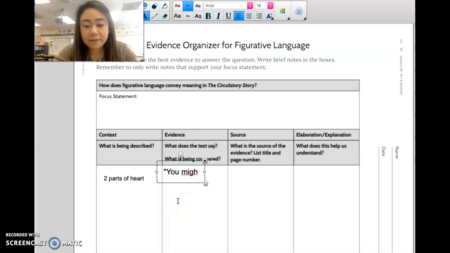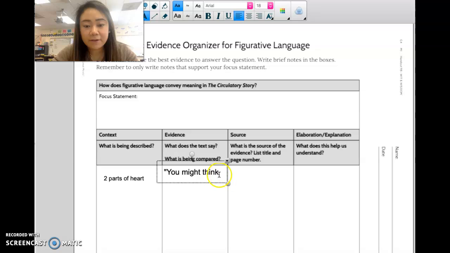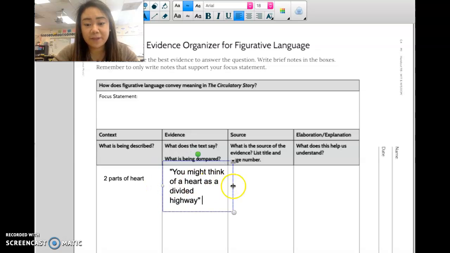You might think of a heart as a divided highway. And I'm going to put it in quotation marks because that's directly from the text. So anytime it's directly from the text, you have to use quotation marks. So you're going to copy that down.